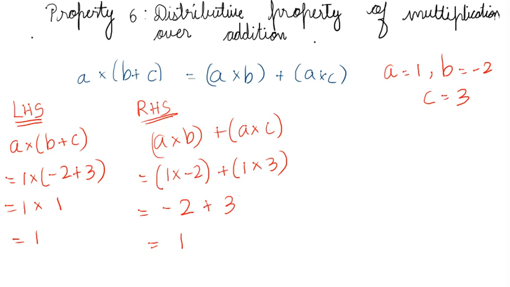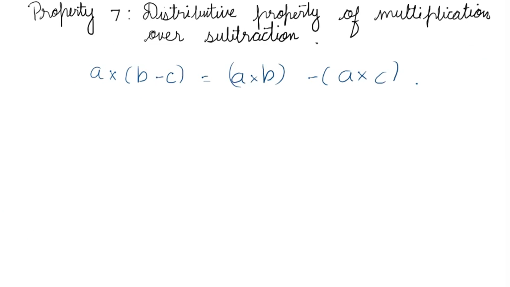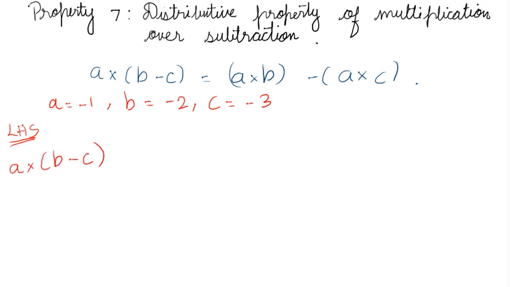A similar property is the distributive property of multiplication over subtraction. Let's check it out for A equal to -1, B equal to -2, and C equal to -3. Let's start with our LHS. Our LHS is A into (B minus C).